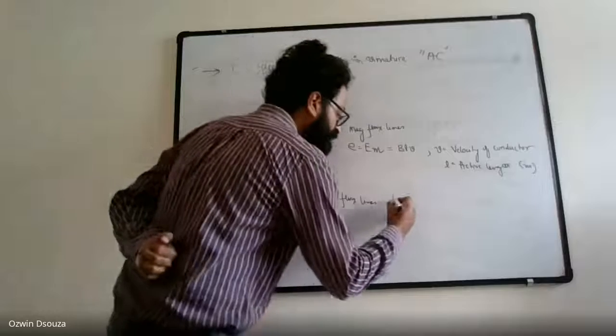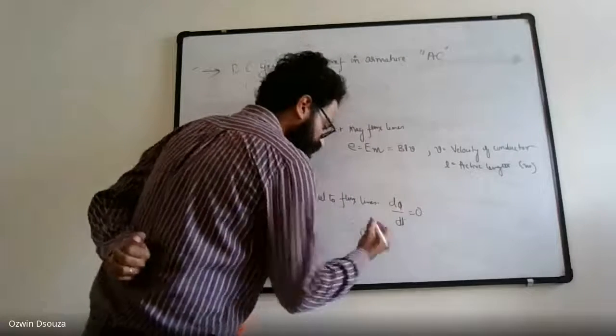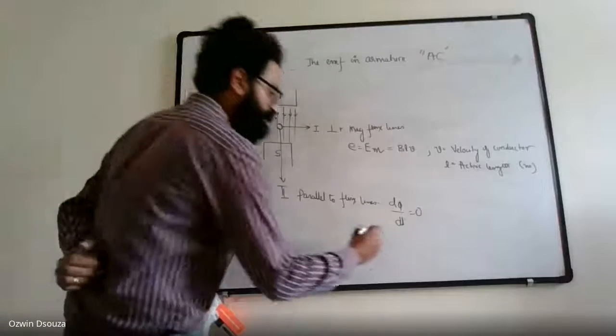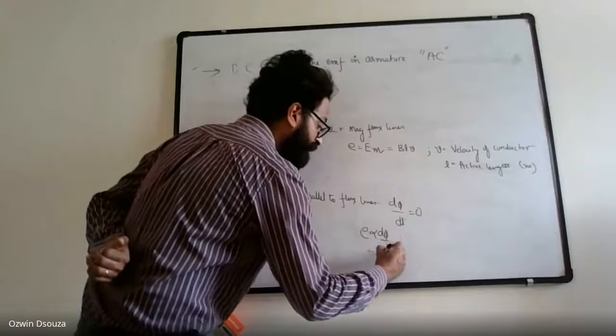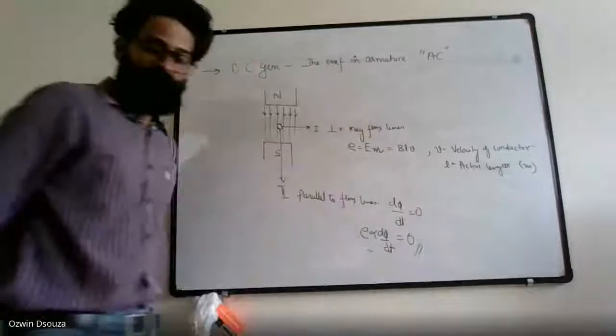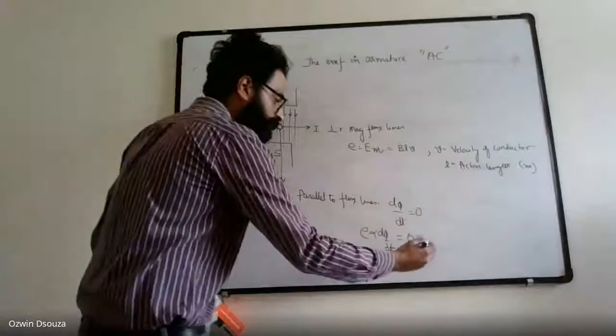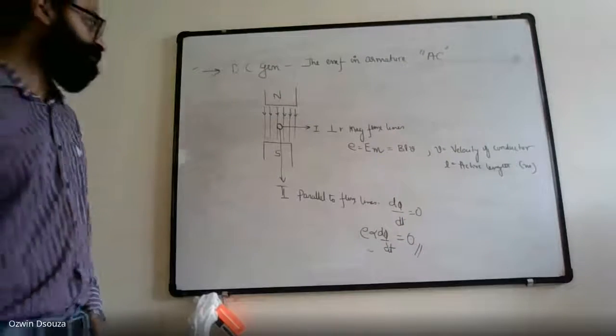If there is no change in flux, you can say that d phi by dt is 0. Induced EMF is proportional to d phi by dt, as per Faraday's law. So induced EMF is 0. Whenever the conductor moves parallel to flux lines, the rate of change of flux is 0. Therefore, EMF induced will be 0.